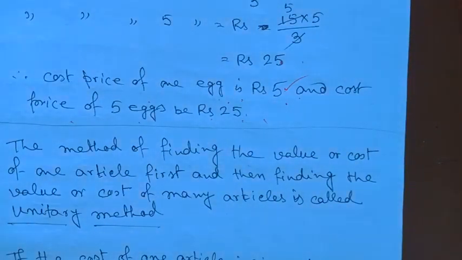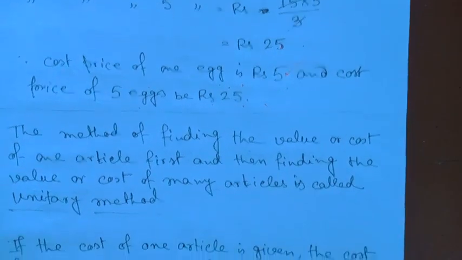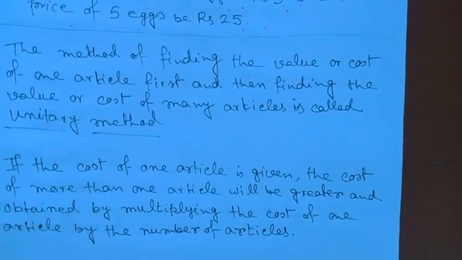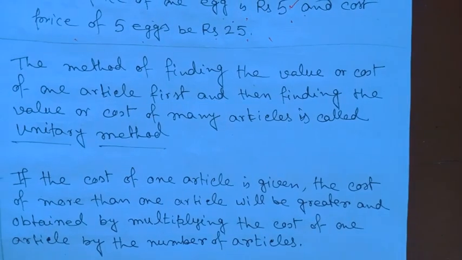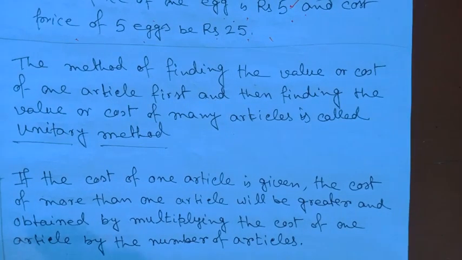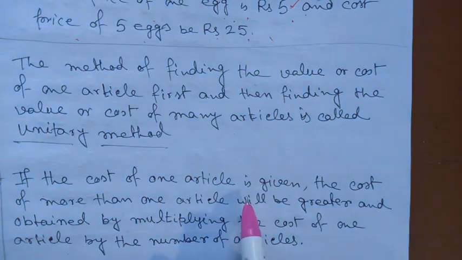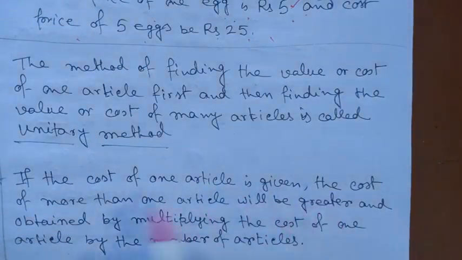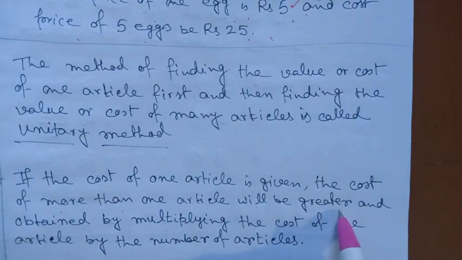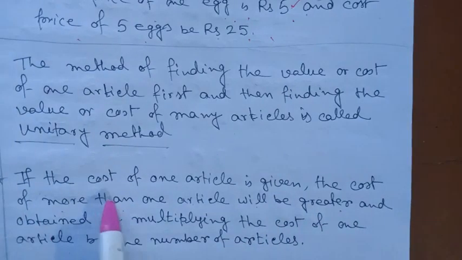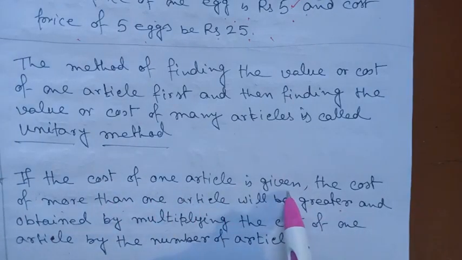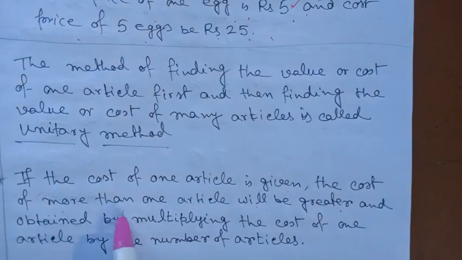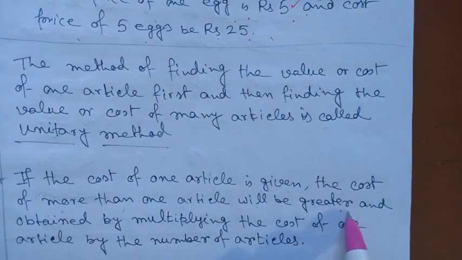Now two things you must remember. First one: if the cost of one article is given, the cost of more than one article will be greater. I repeat once again, if the cost of one article is given, the cost of more than one article will be greater.